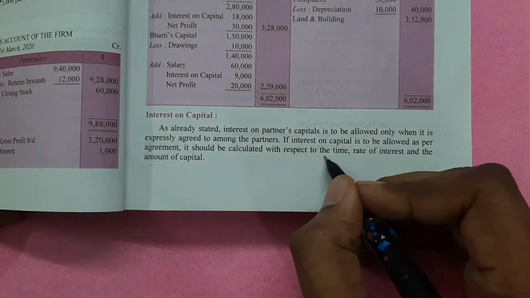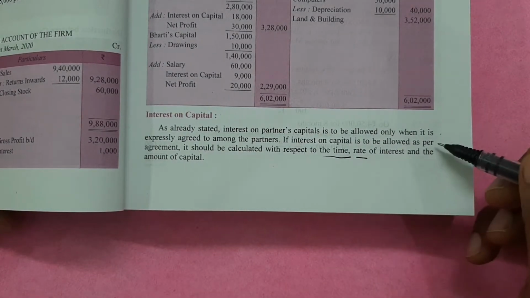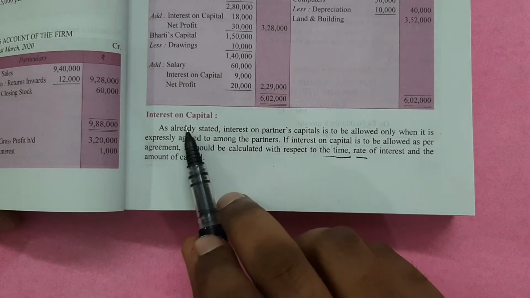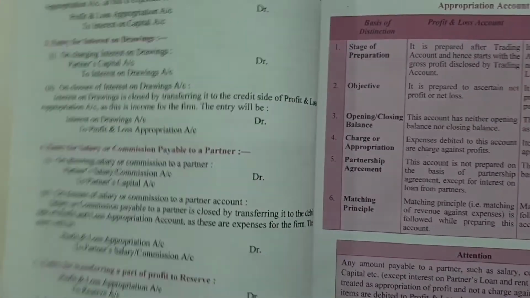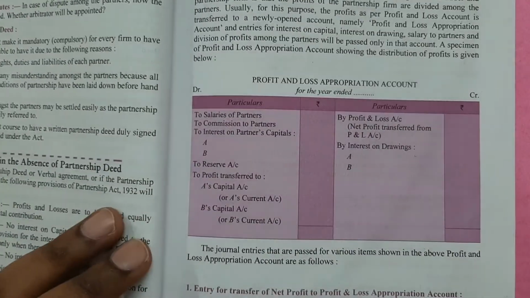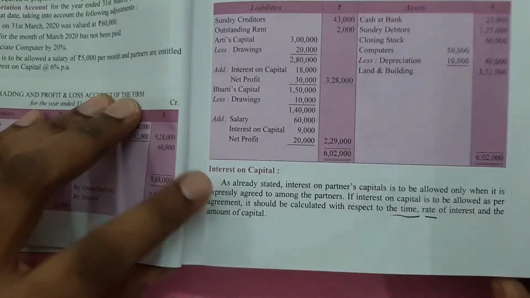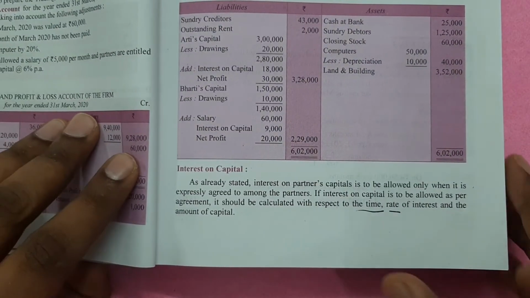Always keep in mind that it is given according to time, the rate of interest and the amount of capital. So these are the two things that we have discussed today. The first one is your profit and loss appropriation account, and there is a lot to study about interest on capital, which we will be covering in later videos.